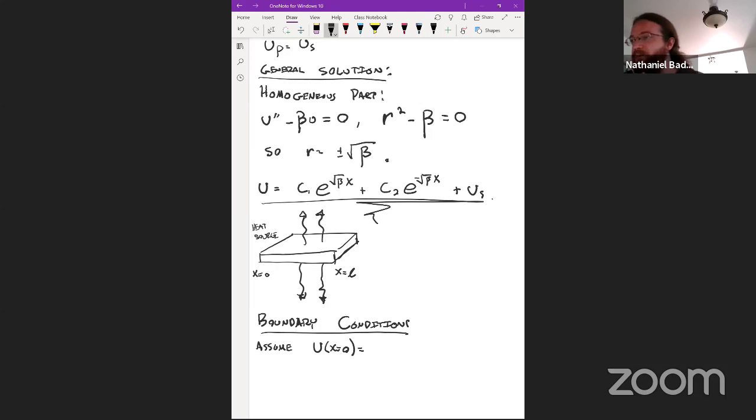At x equals 0, we have some u star. And then let's assume that the heat fin is long enough so that when we're out at the end, it has fully cooled. There's other boundary conditions we could assume. At L, we have us.